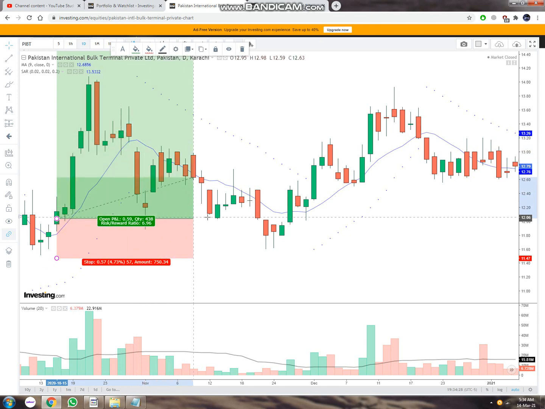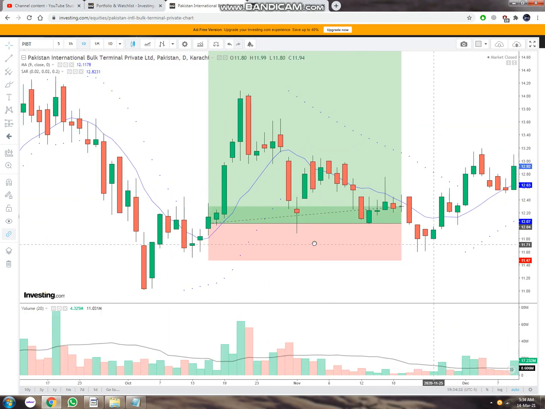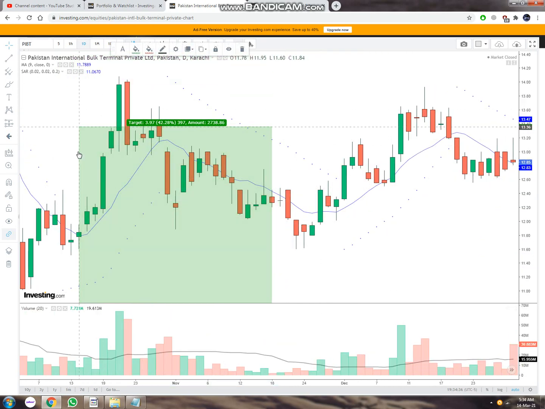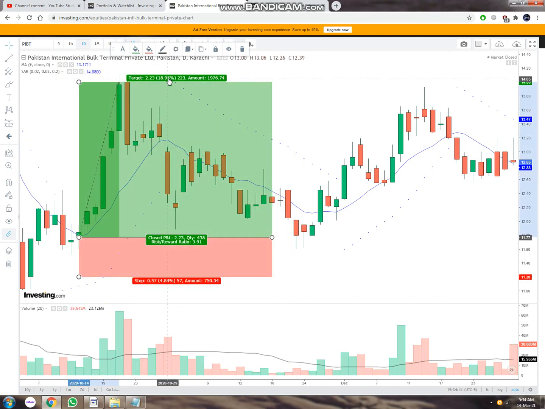Let's take a look at it. Can't see it. Yes, now let me move it down. 18.95% would be your profit at this level, and your risk would be 4.84%. So this is a great tool to use to calculate your risk to reward ratio.